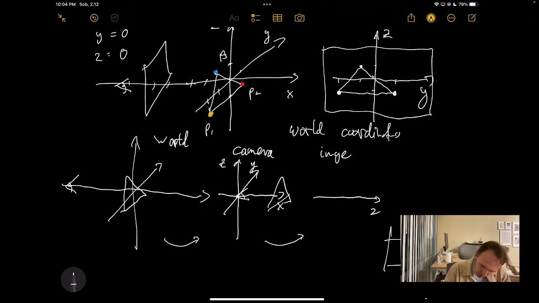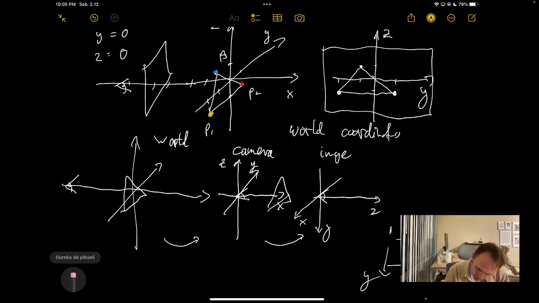So x points right, so we will have this axis over here, but it's going to point in another direction. And y will also point downwards. So here's the optical center of the camera, right?